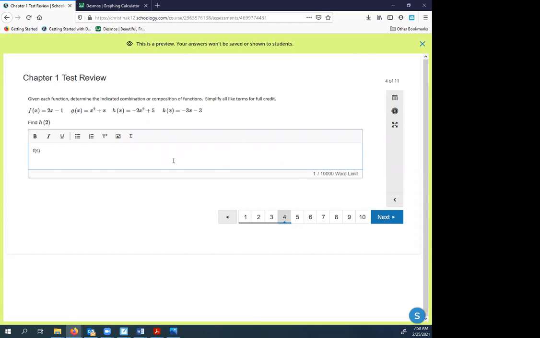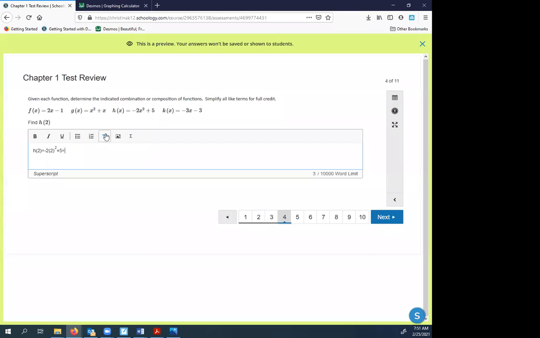H of 2 is going to be equal to negative 2, then in parentheses 2 squared, and then that's plus 5.